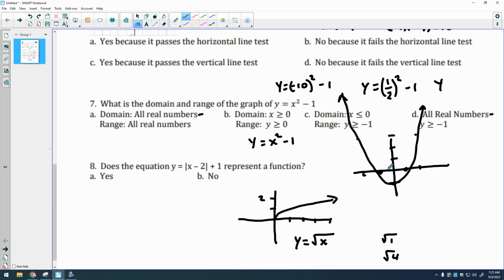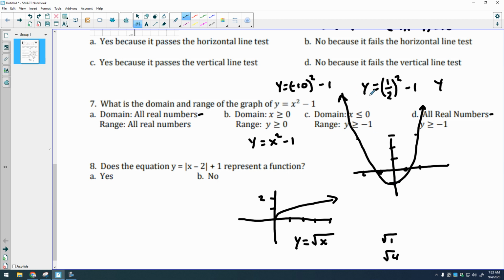Range is much easier to see graphically, so I'm just going to continue with showing it to you on the graph. When I plug in very large negative numbers, I get big positive numbers because of the squaring properties. My graph comes down as I plug in numbers closer to 0, and at 0, my graph kind of hits the bottom. Remember, we're talking y values, not x values anymore.